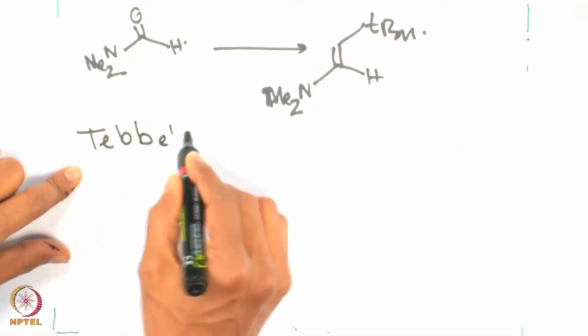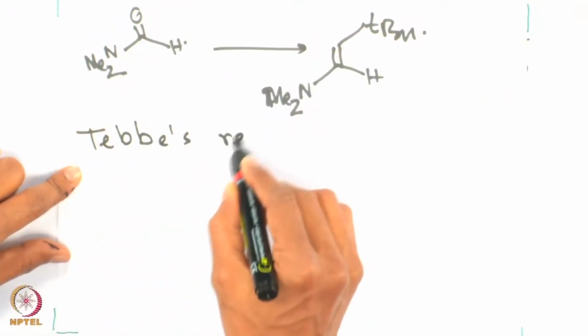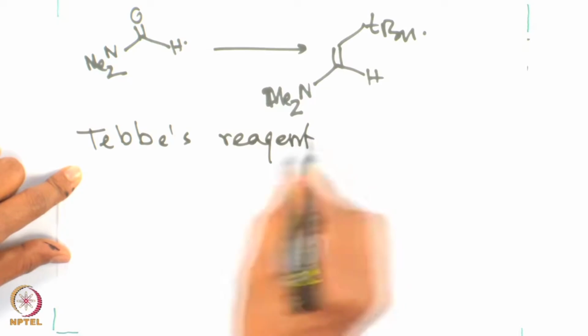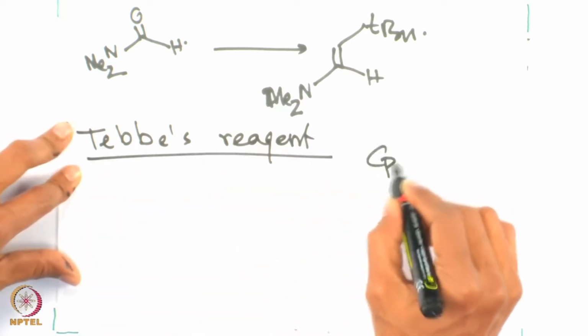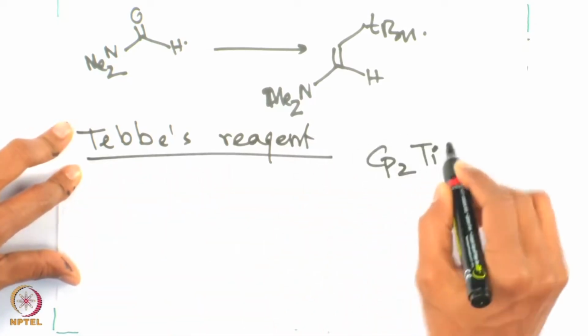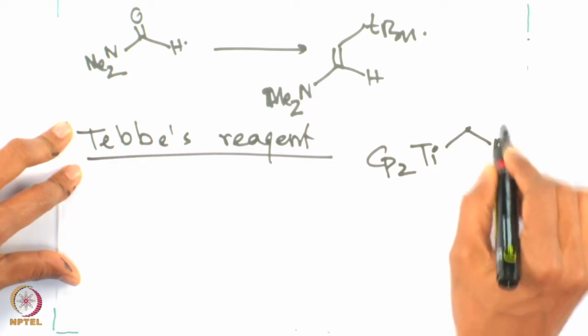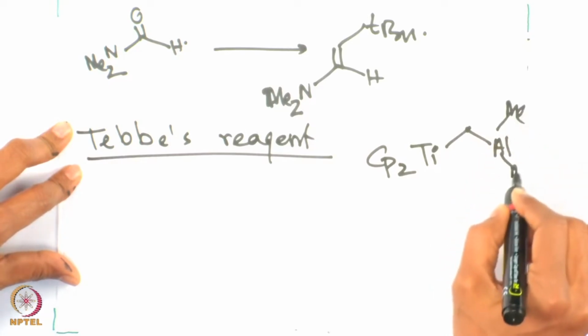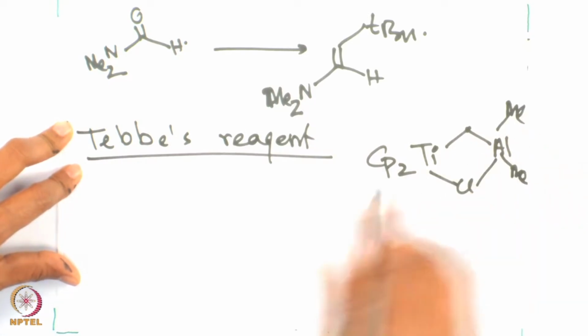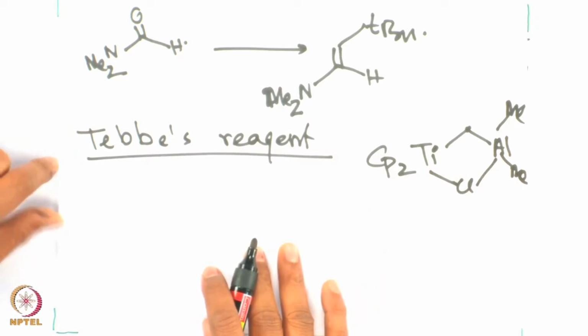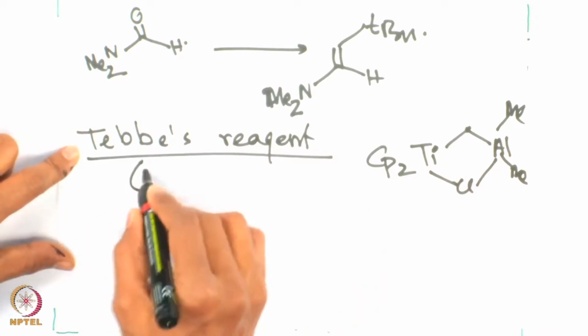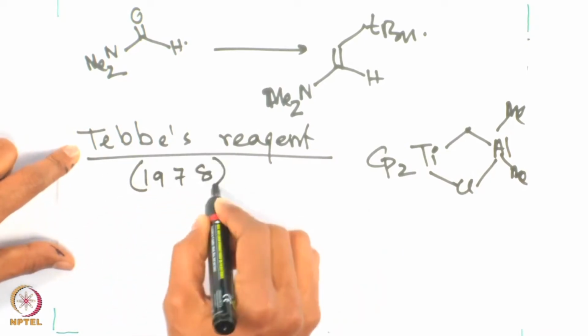So, Tebbe's reagent, as you know, is a titanium species. This is a cyclopentadienyl titanium species, which is ready to give you the active catalyst from there on. This was done in 1978.